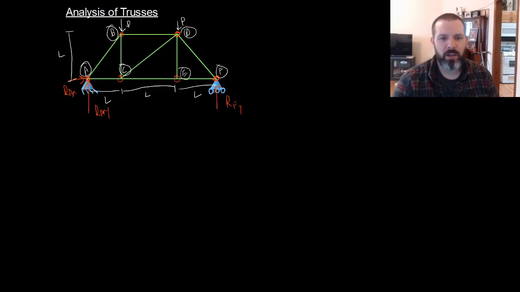So right off the bat, we can go through and find out what these external reactions are. We can say that sum of forces in the x has to equal 0. 0 will equal, we have RAX acting in the x direction and nothing else. So RAX will equal 0.